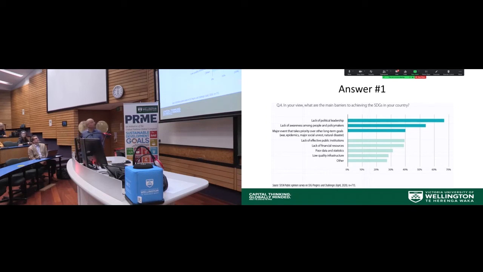The first two are lack of political leadership and lack of awareness. These are kind of, for me, a bit vague and unhelpful. I once knew a political scientist who talked about, when other people say there's no political will to do something, he said it's like the economy is saying the economy is not growing because there's no economic will for it to grow.